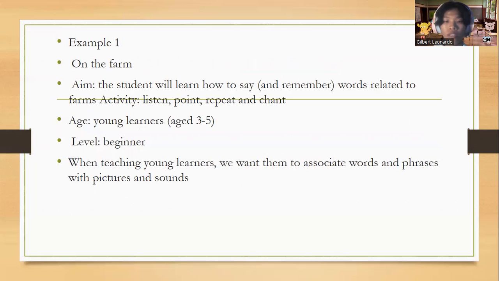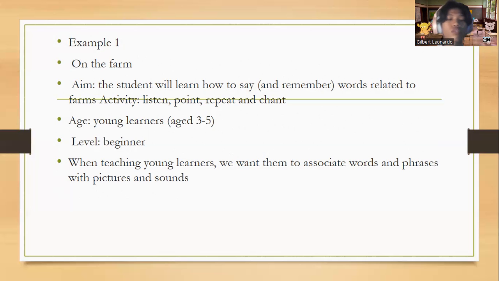So this is an example of vocabulary. On the farm. The aim here is that the students will learn how to say and remember words related to farm activities. Listen, point, repeat, and chant.